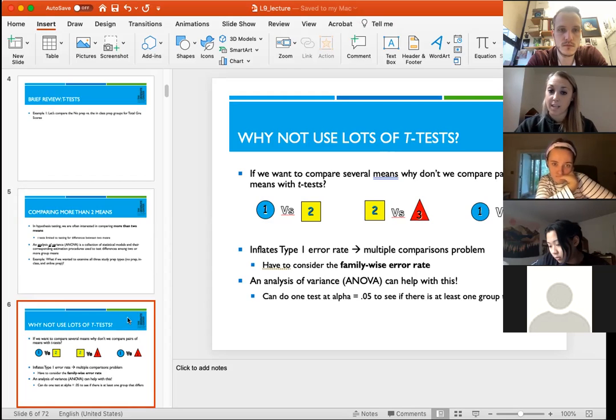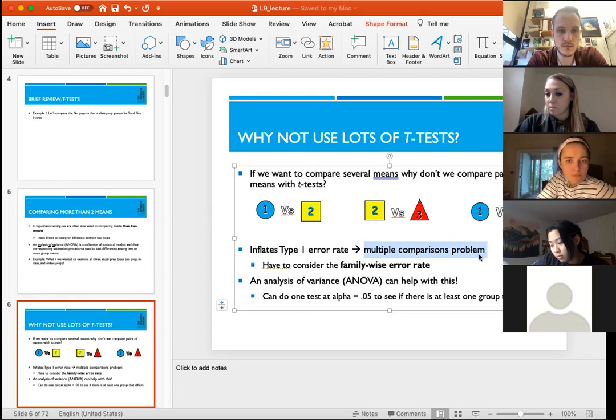Anytime you have a data set and you do multiple different t-tests like this, or multiple different statistical analyses repeatedly over and over on different aspects of that data set, you are increasing your type 1 error rate. This is referred to as the multiple comparisons problem.